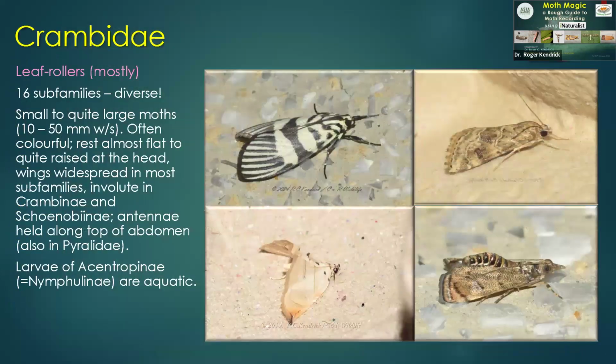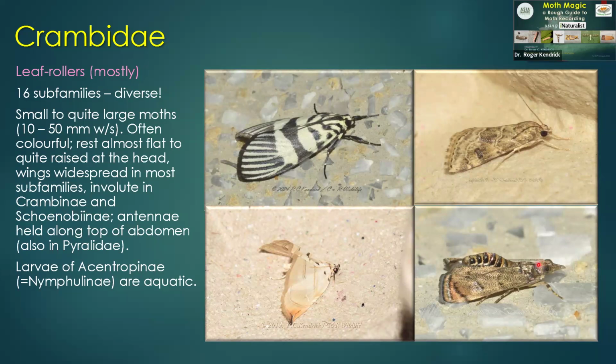Right. The other Pyraloidea family is the Crambidae, and I'm going to rattle through these really fast indeed. Many subfamilies, each of which is quite characteristic, but again, the key thing that tells you it's Crambidae rather than Pyralidae is the posture and the general structure, shape, whether it's stout-bodied or slender-bodied.